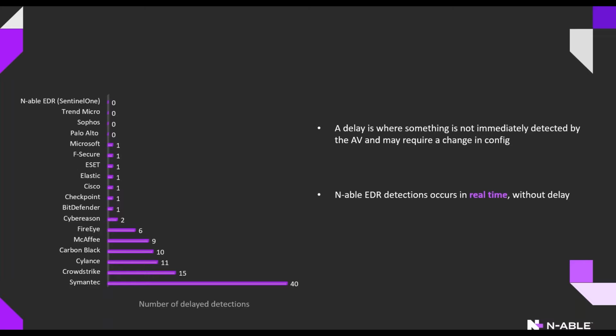SentinelOne EDR is up here at 0 because all the decision making is happening on the endpoint in real time. It does not have to rely on outsourced resources to make its judgment call. And that's one of the things I want to drive home: it does not have to communicate with outside infrastructure. It can make the decisions in real time on the endpoint and still get that high efficacy rate.